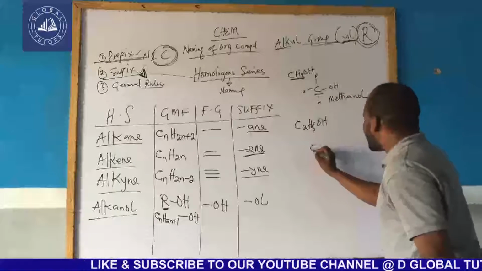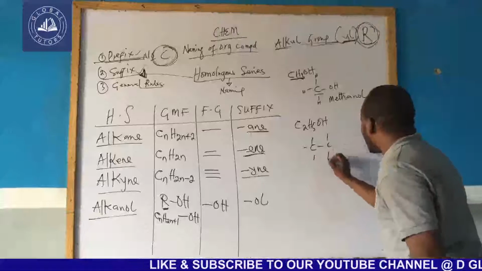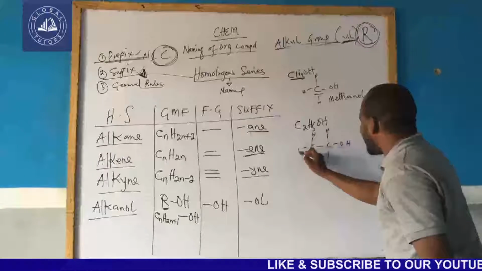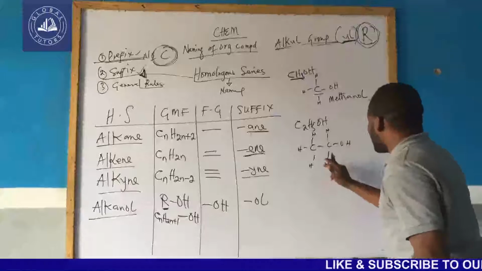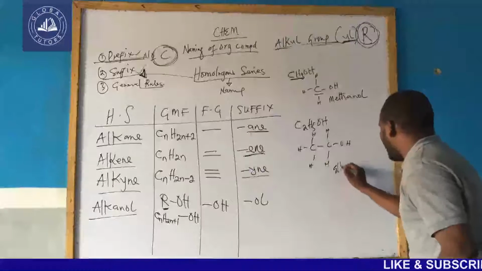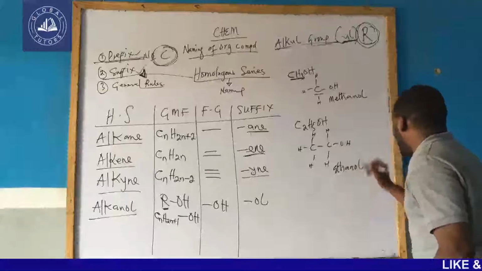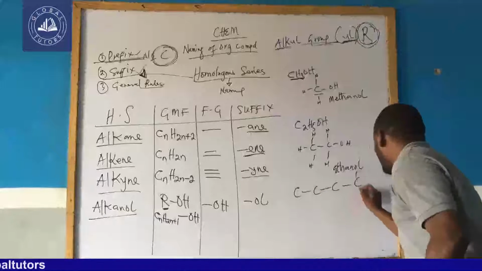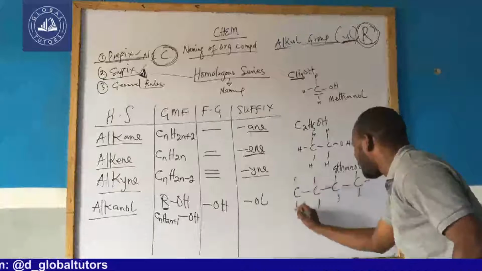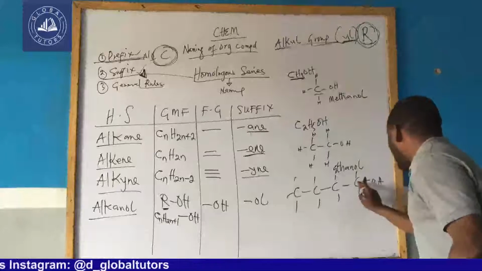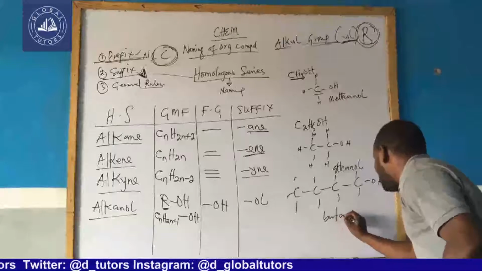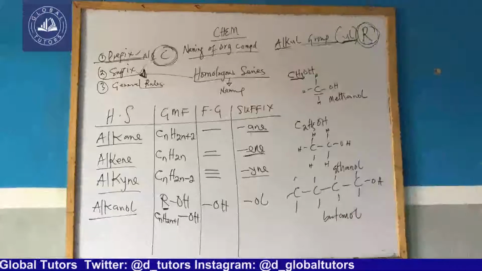So you have carbon 1, 2, then you have OH. This becomes ethanol. Then you have carbon 1, 2, 3, 4, with OH. How many carbons? 4. Good, so you have butanol.